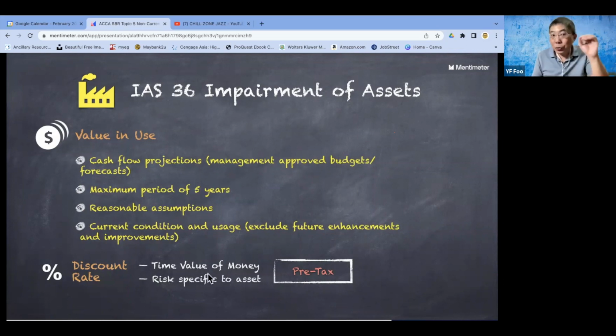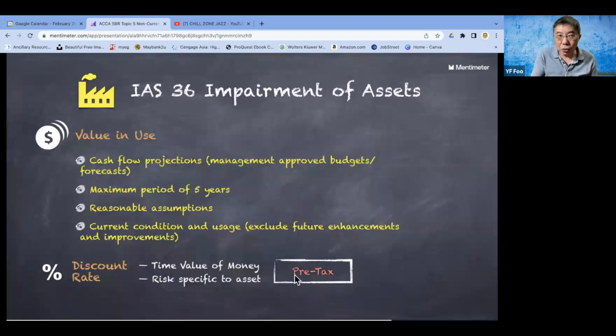There's also risk, because discount rates don't only take into account time value of money, but also the risk factor. The longer your time period, the discount rate may be even higher.